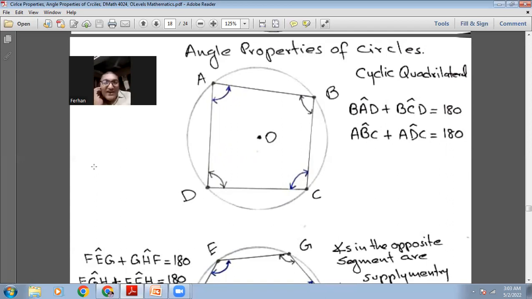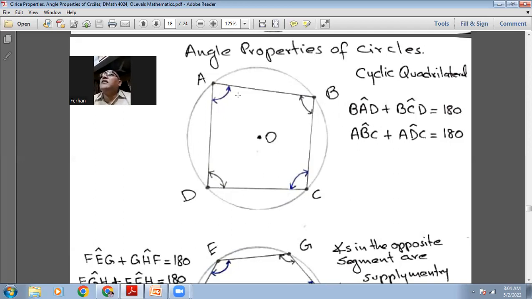So this is called a cyclic quadrilateral. So what we will do, for example, here, the angles which are in the opposite corners diagonally, they will be supplementary to each other.